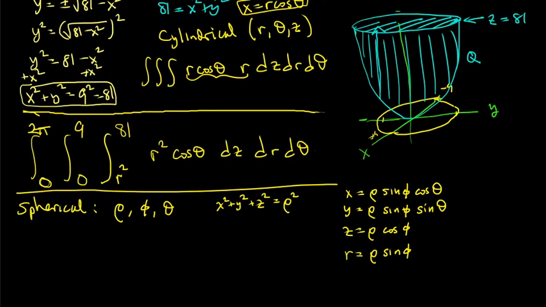Okay, so how do we describe this region in spherical coordinates? Remember rho is the distance from the origin. So if you start at the origin here and you go outward this way, eventually you'll hit the surface.